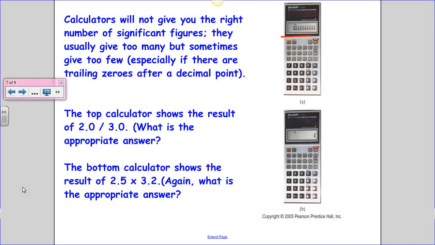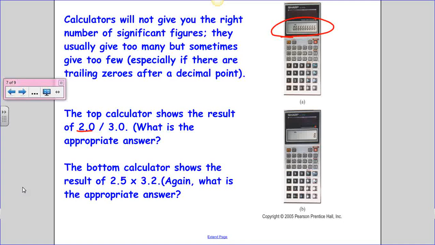Well, if you look at this number, it's huge. You can tell just by looking at it and by looking at the numbers you started with that it has way too many significant figures. But how do you know which number to round to? Well, you count the number of significant figures in the numbers you started with. So 2.0 has 2 significant figures. The 0 at the end counts because it is telling us that we measured precisely to the tenths place, and it is a 0.